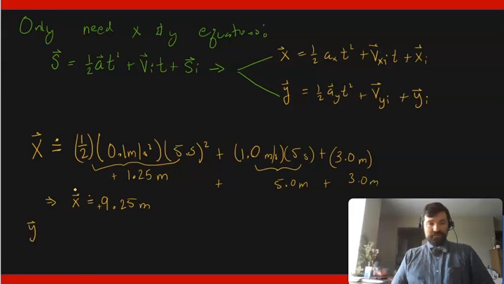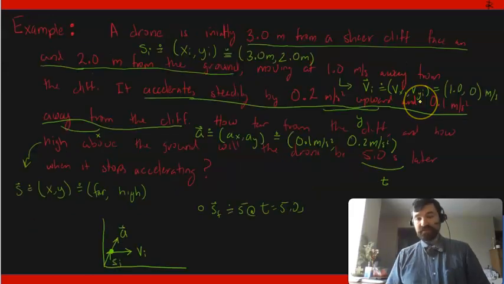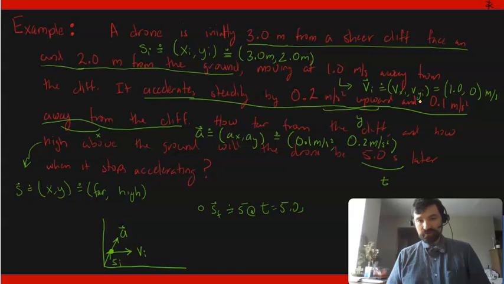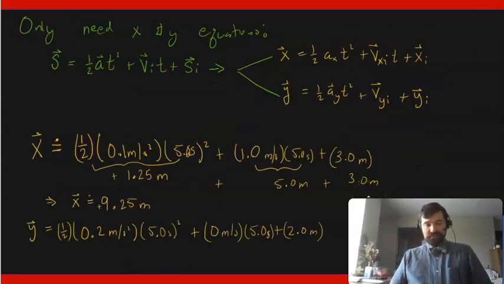Okay. Then I do the same thing for y. Again, I basically have to go here and get the y components. So 2 meters for y initial, 0 meters per second for v initial y, and 0.2 meters per second squared for ay, and 5 seconds for time t. So I plug everything in here.